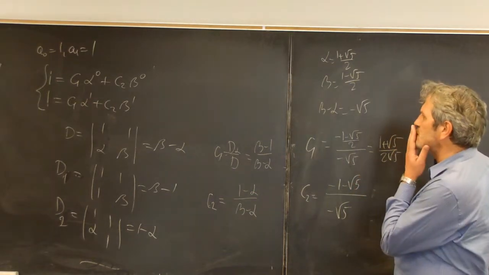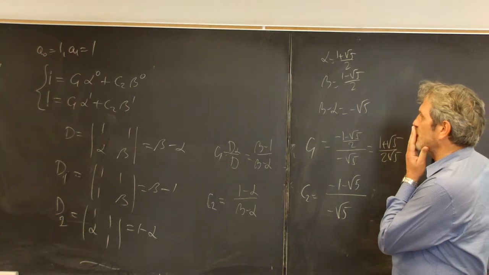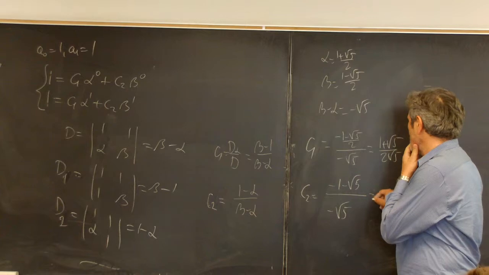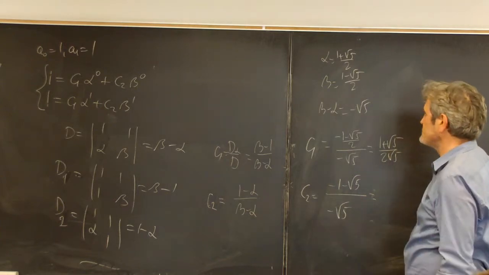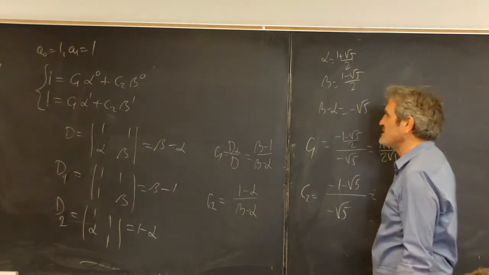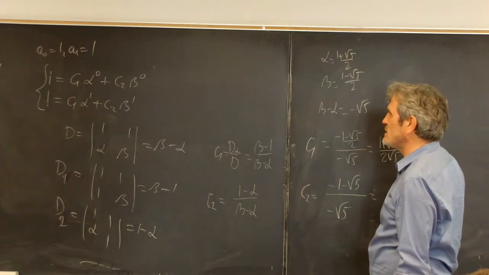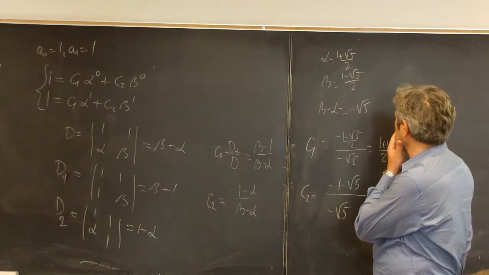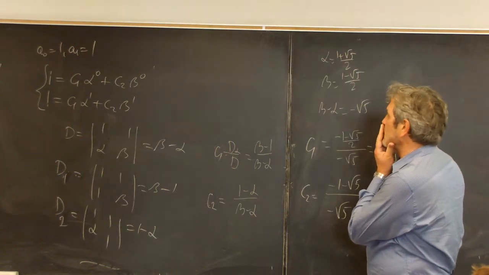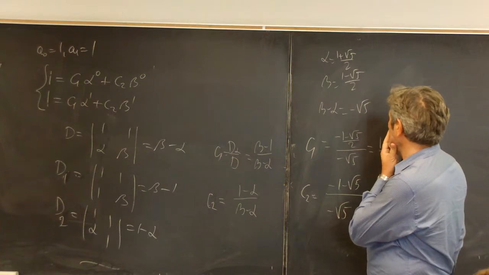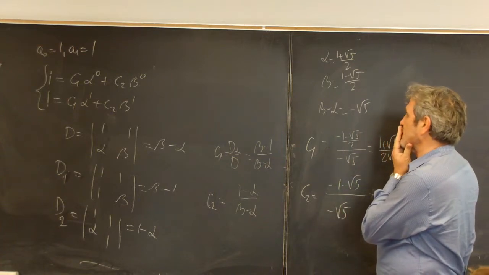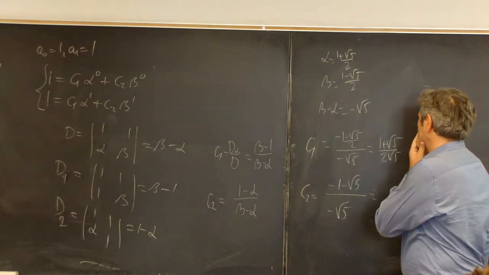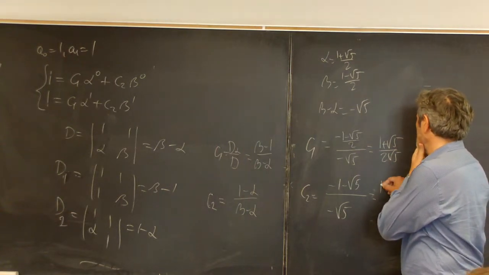So 1 minus alpha is negative 1 minus root 5 over negative root 5, which would be, a little more careful. Beta minus alpha is okay. Beta minus 1, negative 1 minus, yes. And on the bottom, I got 1 minus alpha is correct, yes. So it should be what? 1 plus.